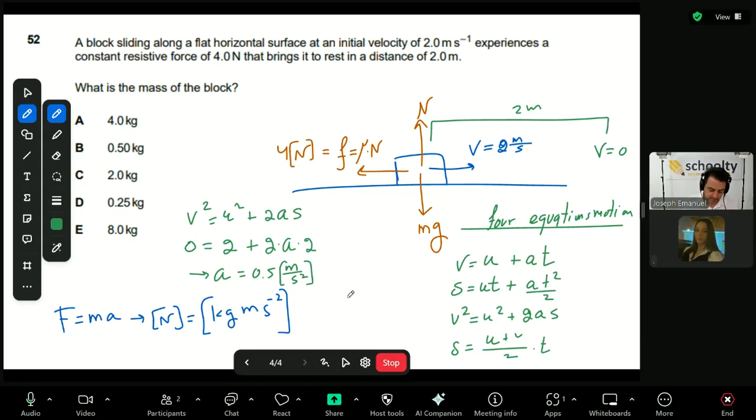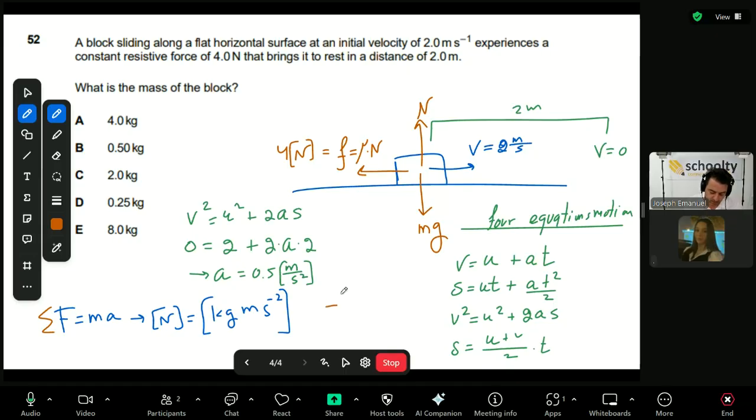Okay, so the F, what is the F? The F is sigma F actually, which is the summary of all the forces. Okay, the total of all the forces. You have no force in this direction, just an initial push, so you have minus force.